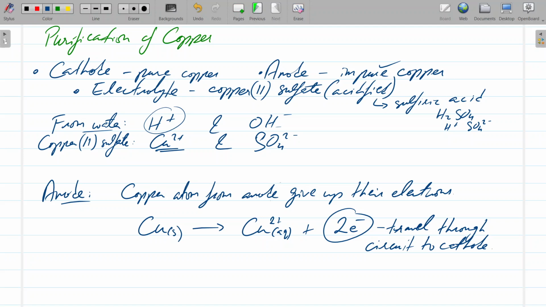So the copper from the electrolyte, and obviously you've got more copper coming in from the anode, which is losing copper. The anode is actually losing mass. Why? Because it's dissolving. It's impure copper, so the copper in the anode is dissolving, turning into ions, and going into solution.